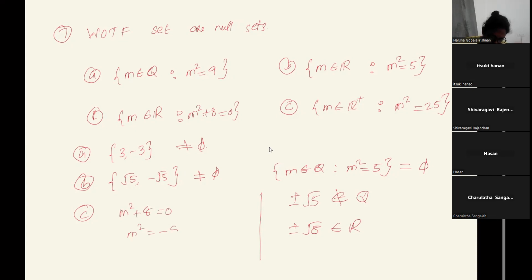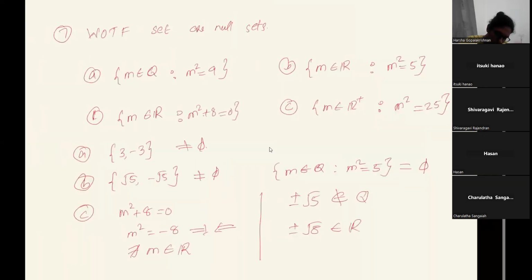This is not possible, right? If we are taking any element and its square, we are dealing with the real numbers only, not complex numbers. So if M square equal to minus 8, there does not exist such M in real numbers, because the square of any real number is a positive real number. So this C is an empty set. Is this clear? Yes, teacher.